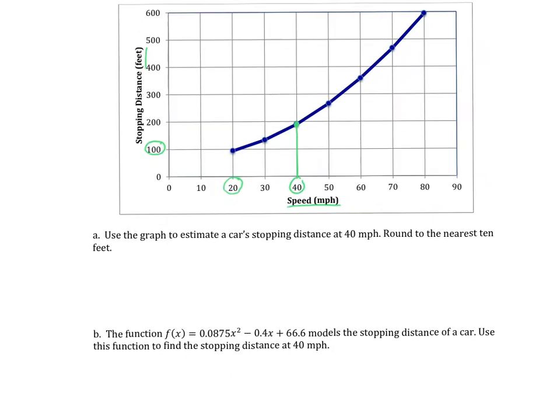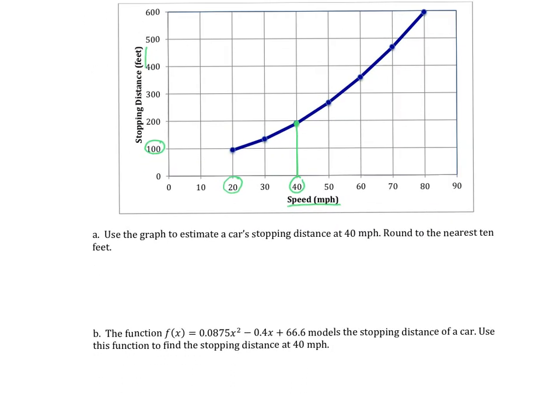It's just an estimation based on the graph. So I'm going to say probably 199 feet. And we're rounding to the nearest 10 feet. Ooh, to the nearest 10 feet, that would be 200, right? Because I go one up, so 200 feet.